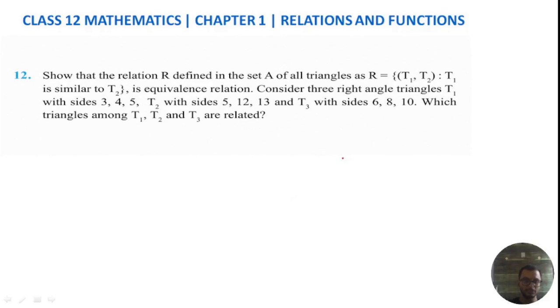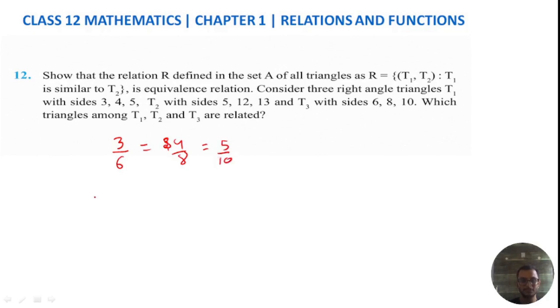Now, next, we have to find whether T1 is related to T2, or T2 is related to T3, or T3 is related to T1. I can clearly see that the ratio of 3 with 6 is the same as the ratio of 4 with 8, which is the same as the ratio of 5 with 10, right?